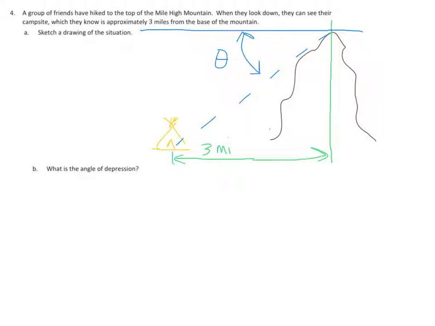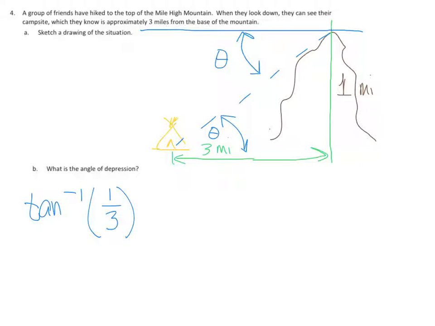We know from our study of parallel lines that the ground and the sky are parallel, so we would consider this a transversal. This measurement right here is the same as this angle measurement right here. So this is also going to be theta. Those are alternate interior angles, so they're equal. So our angle of depression will be the same as our angle of elevation from the campsite to the top of the mountain. So we can say tan to the negative 1 of opposite over adjacent.